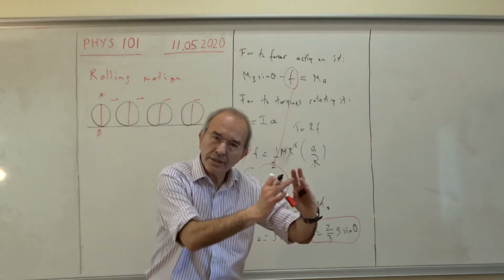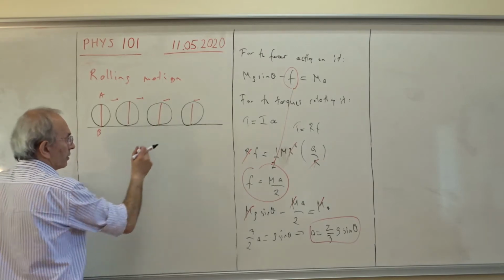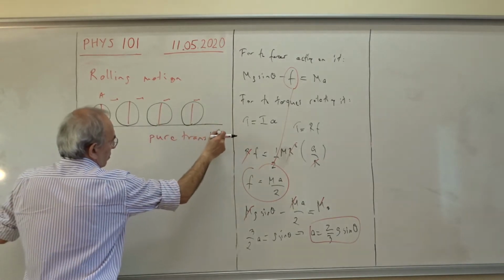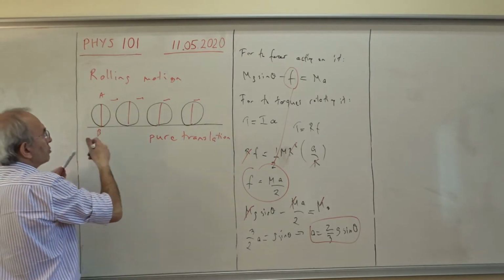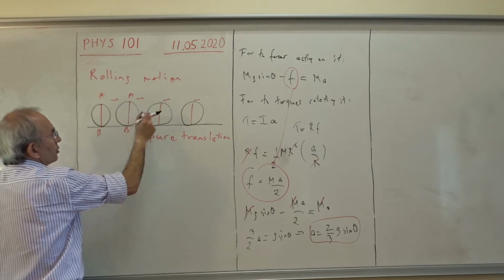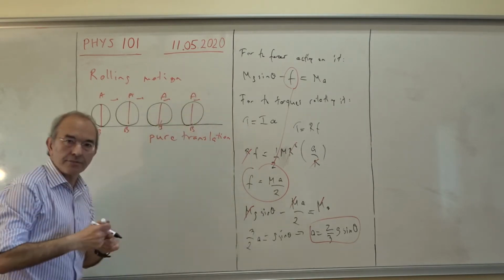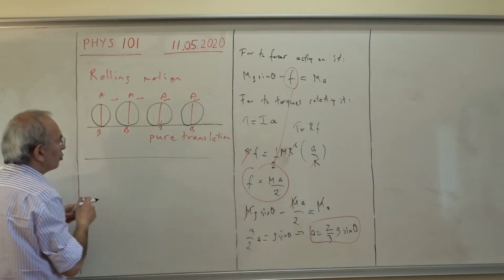It is just sliding without any rotation. This is called pure translation. So AB is always in the same vertical position. Now the second thing is pure rotation.